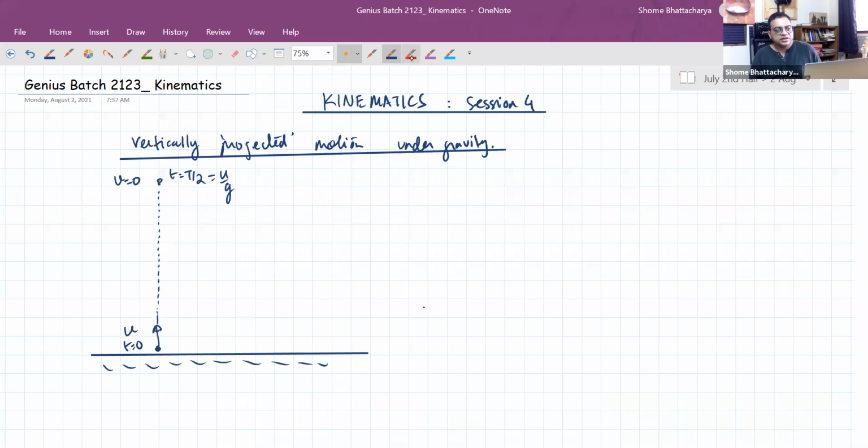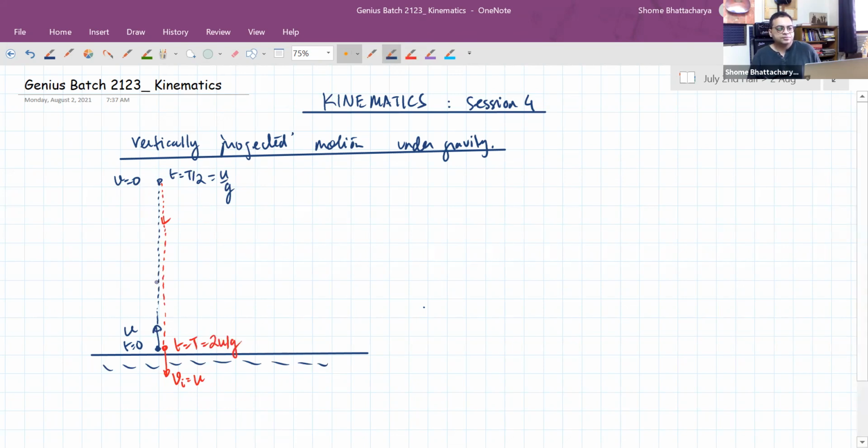Then after that it descends and comes back and hits the ground with the same speed but the opposite velocity. So the impact velocity is again u in magnitude, and the total time is 2u by g.